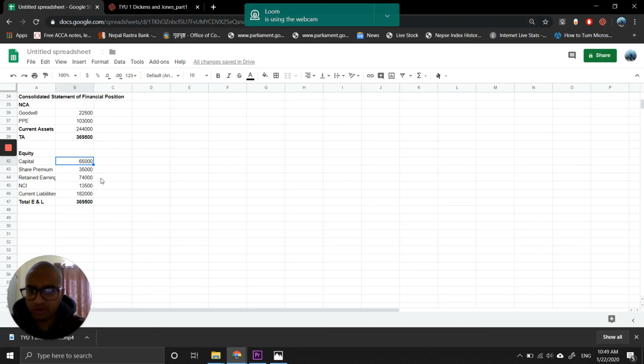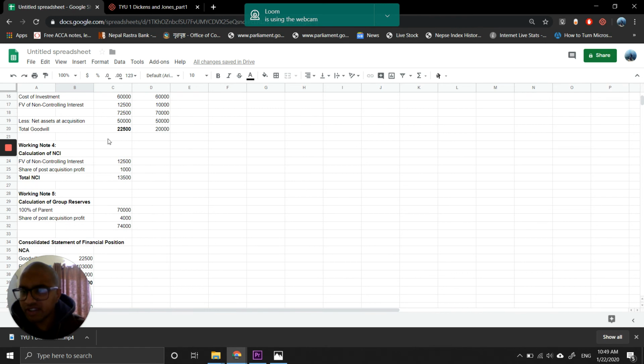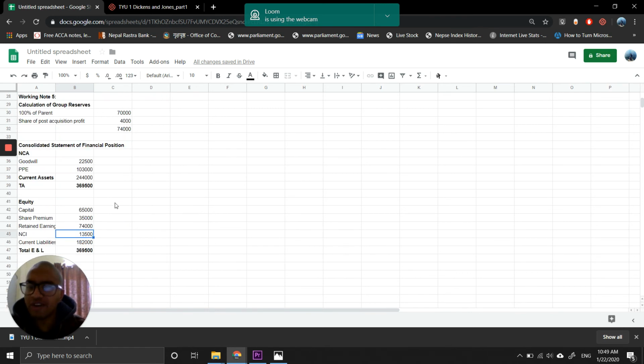And then share premium as well, parent only, because the other entity you have already acquired and you have already calculated the holdings based upon it, right? So that is already included in your NCI, that is already included in everything else. Okay. So you have already accounted for that. Whatever you have touched earlier on in your workings, you don't have to touch it right now when you're preparing your SOFP. Okay.